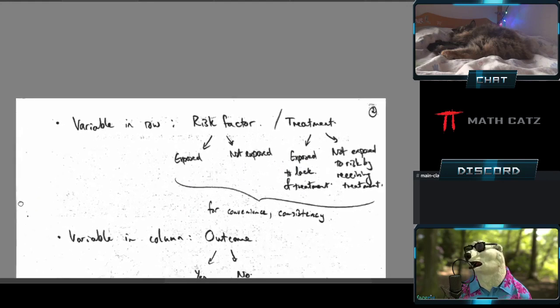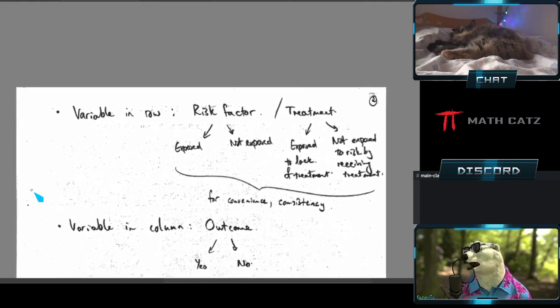And then the other variable will be our outcome variable that we're trying to assess, if the risk factor slash treatment has an effect and what kind of an effect and how severe an effect on the outcome. If I think about smoking as the risk factor, I think about the outcome as being diagnosed with lung cancer, for example. And that outcome is yes, it's a positive diagnosis, or no, it's not.